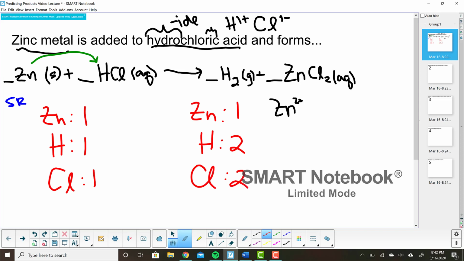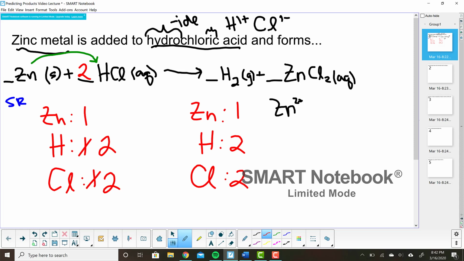So the easiest way I see it, I see that the hydrogens and the chlorines are both unbalanced. So all I have to do is put a 2 on the left in front of this HCl term, bringing my total number of hydrogens and chlorines on the left to 2, and now I'm balanced. So that's the problem from start to finish, using the guide to chemical reactions, writing out the products, and balancing.